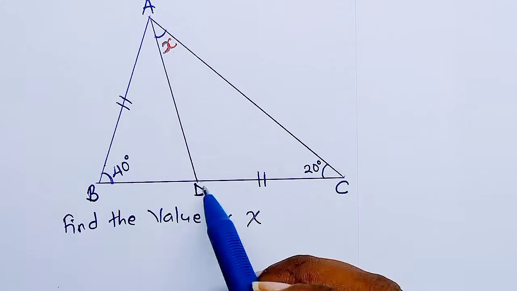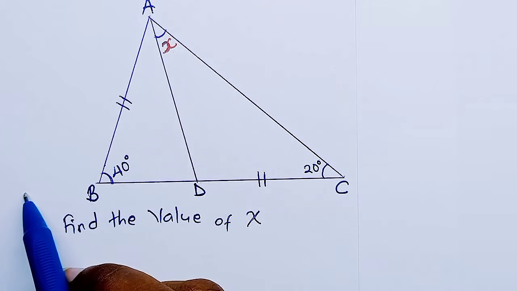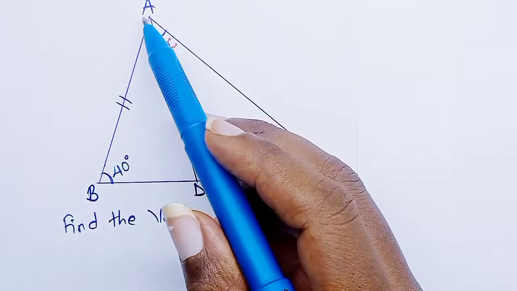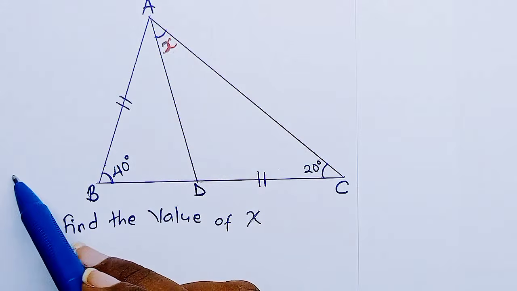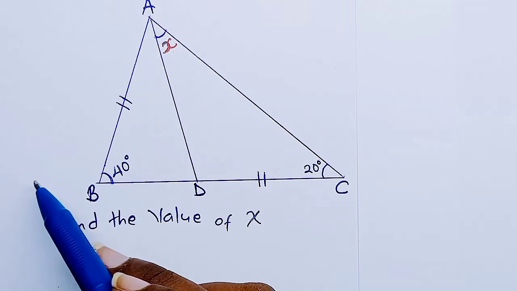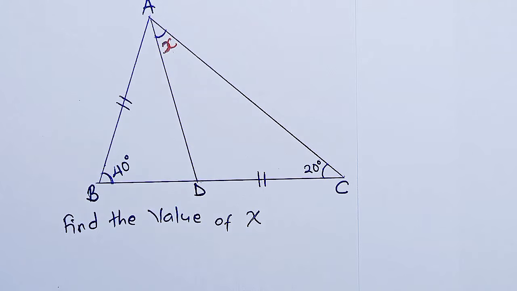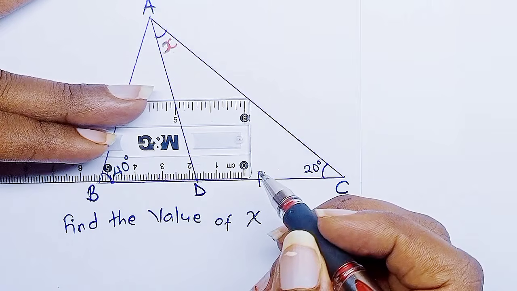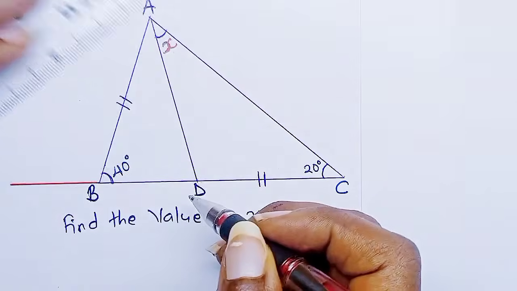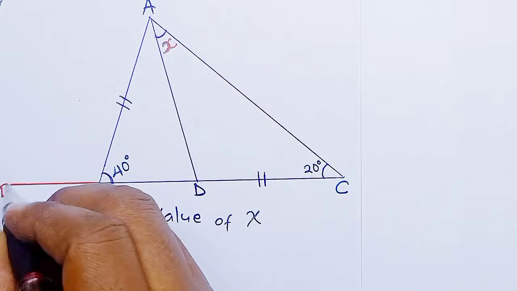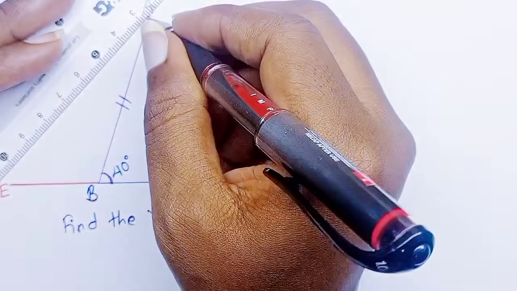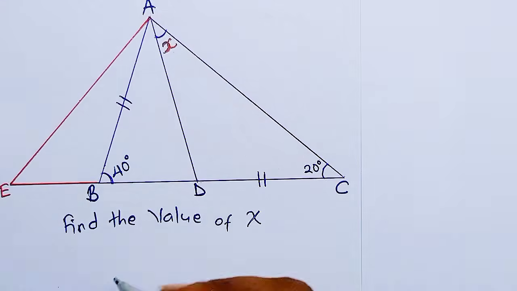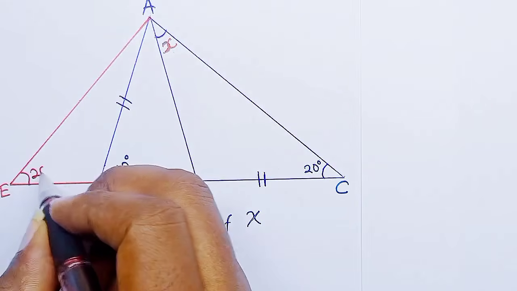Now next, let us extend this line DB towards the left up to a point, say E, such that when we connect that point E to A, we form an angle of 20 degrees at that point E. So let me do that. So when I extend this line up to there, and I'm calling this point E, and then connect A to E, I should be able to make 20 degrees here.